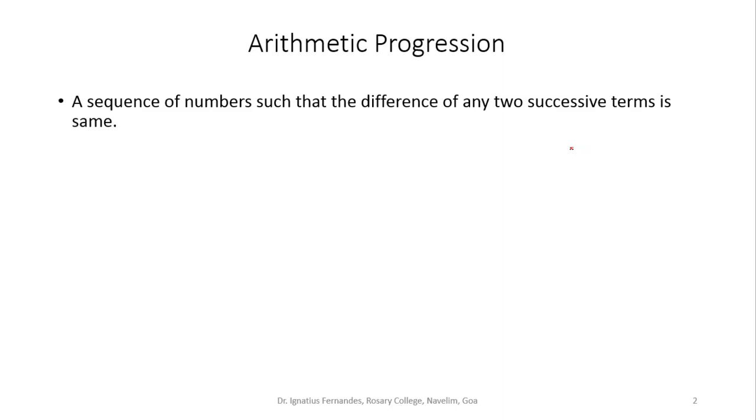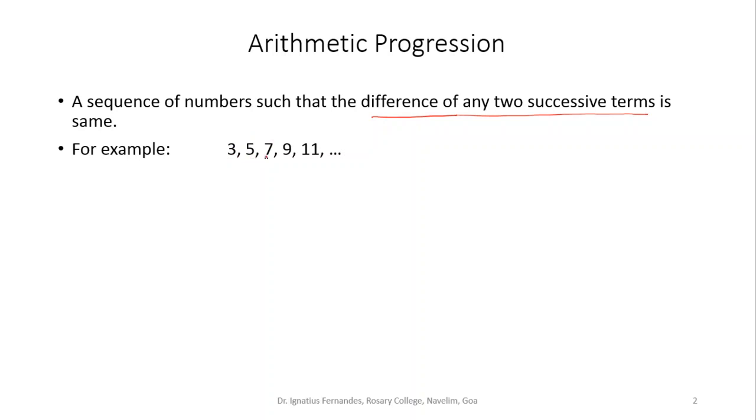It is a sequence of numbers such that the difference of any two consecutive terms is the same. Let's say, for example, this is a sequence of numbers here, and this is an example of an arithmetic progression, because if you look at the difference of any two consecutive terms, like 3 and 5, 5 minus 3 is 2.